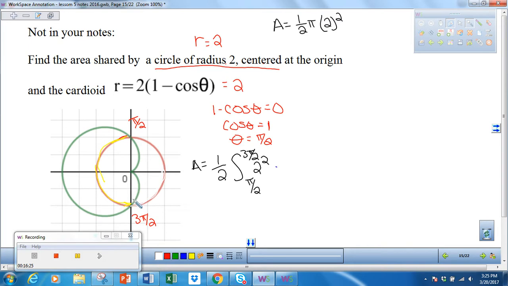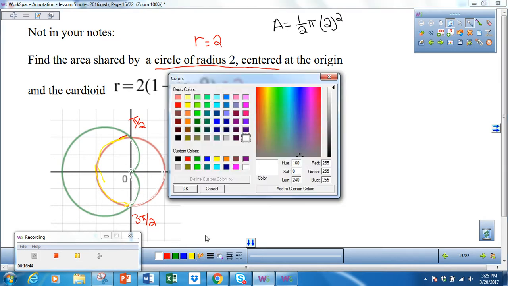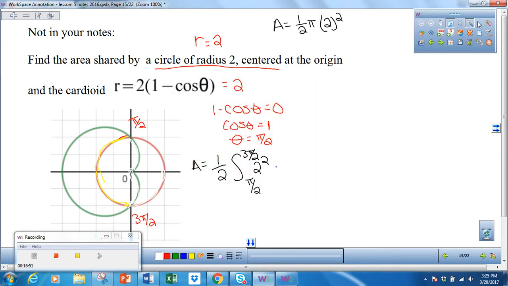Because I want the area shared by the two, I'm sweeping this way to get this limaçon, to get the rest of the area of this limaçon. I want a pen. I want to highlight it. So what I'm getting now is this area. This is what I'm looking for, because it's find the area shared by the circle and the cardioid. So that is this combined area.